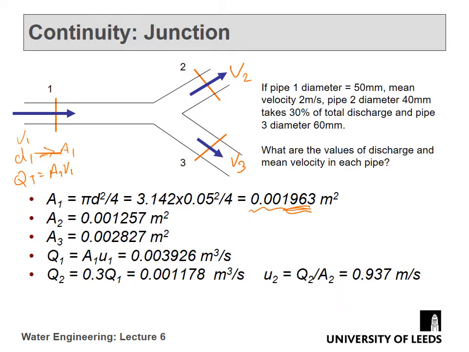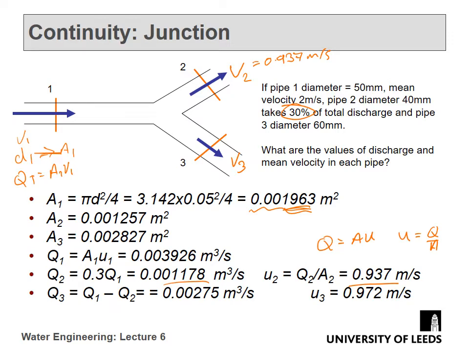Now this says that 30% of the flow goes up pipe 2, so the flow in pipe 2 will be 0.3 times Q1. This comes out to be 0.00178 meters cubed per second, and using Q equals area times velocity, or velocity equals Q over A, we can calculate that the velocity in pipe 2 will be 0.937 meters per second.